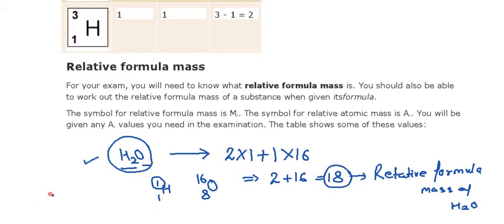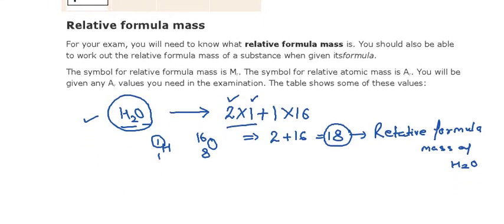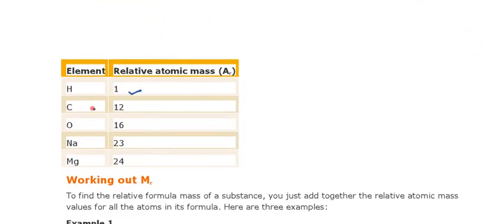We multiply the number of atoms by their atomic mass, and the sum of all those values gives the relative formula mass of any molecular structure. For example, hydrogen has 1, carbon has 12, oxygen has 16; these are the atomic mass values.